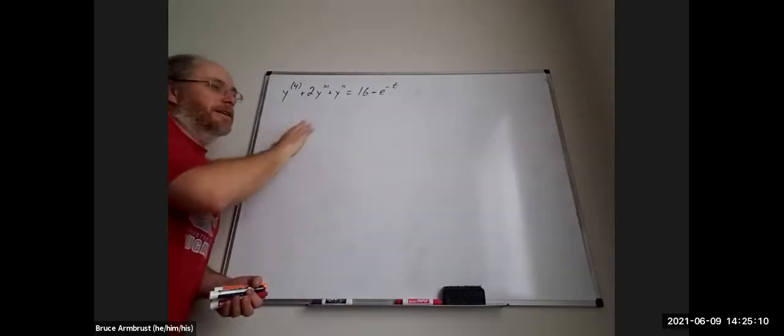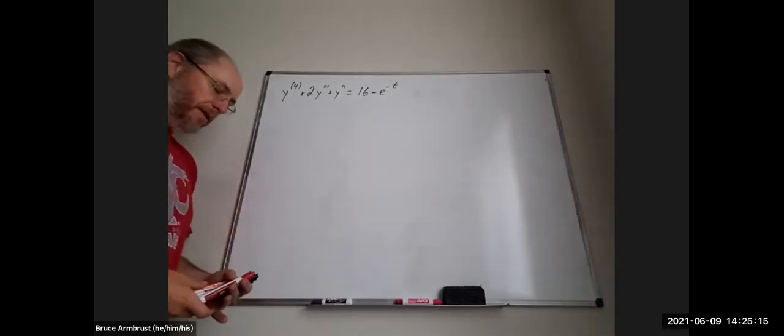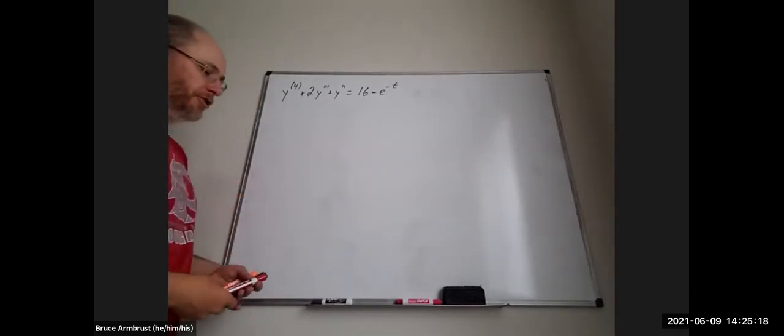Again, we're going to see if we can get the solution to this. Like I said, we're not going to go all the way through, but we'll at least get to what our guess should look like.